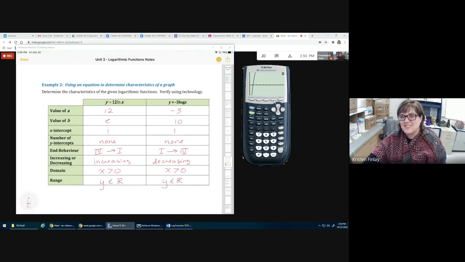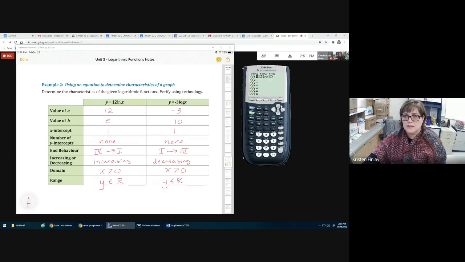Second function trace value, if we put in a 1 for x, yes we do, we get y equals 0. No y-intercepts, right? Does not cross the y-axis. It goes from 4 to 1. It's increasing. x has to be greater than 0, and y is in the set of real numbers.